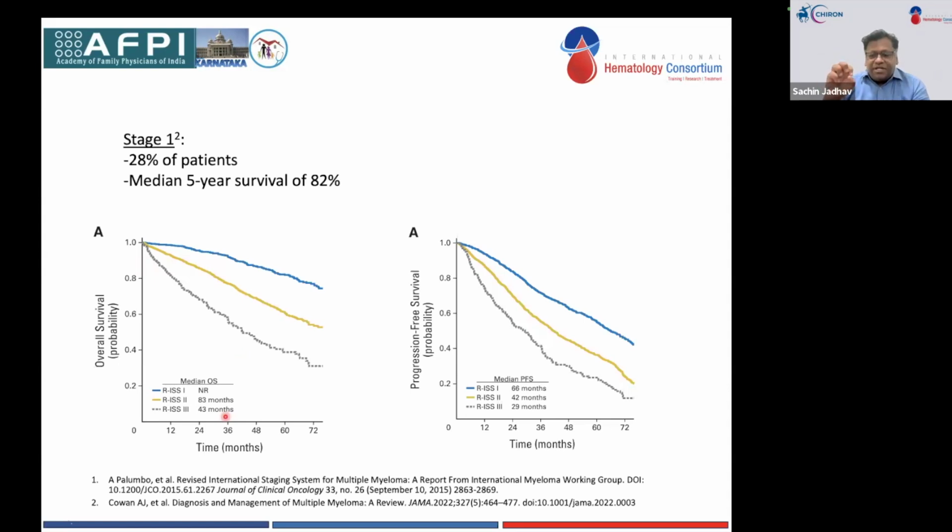If we have to give treatment, this is the average time period where the cancer will probably not come back, right? This is important because myeloma is not a curable disease. Okay? Myeloma is a chronic low grade cancer.